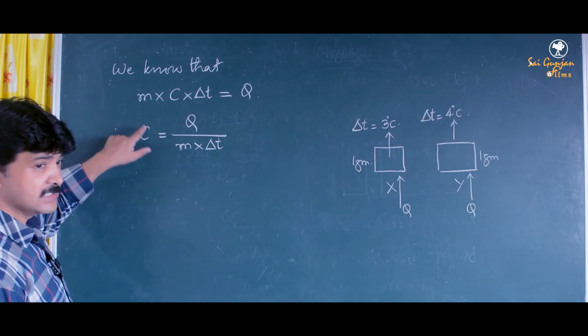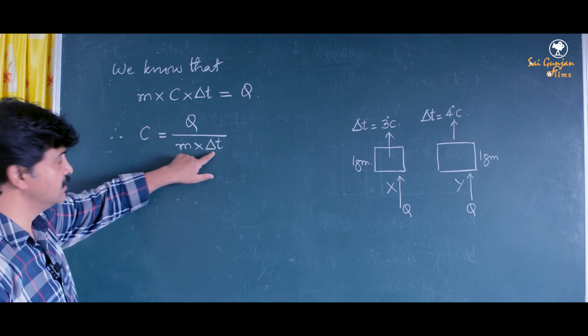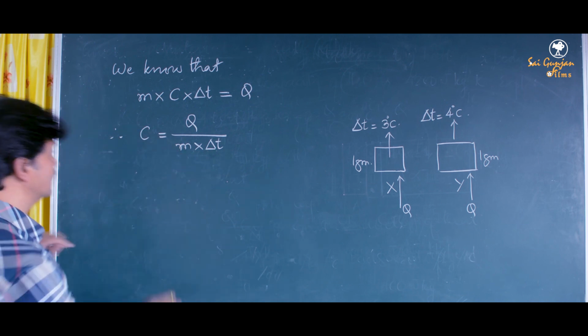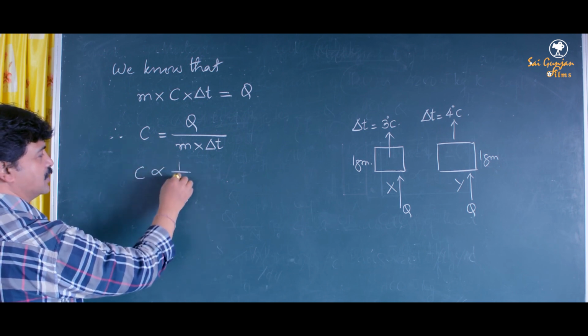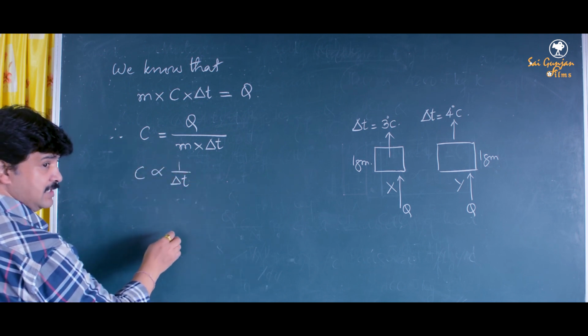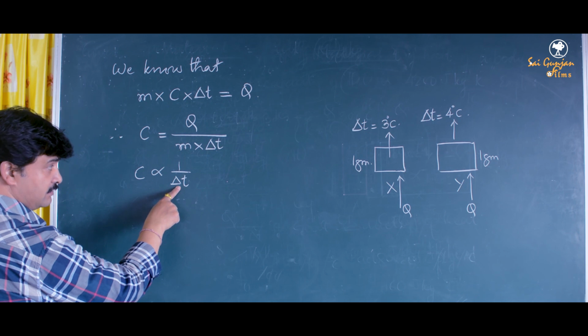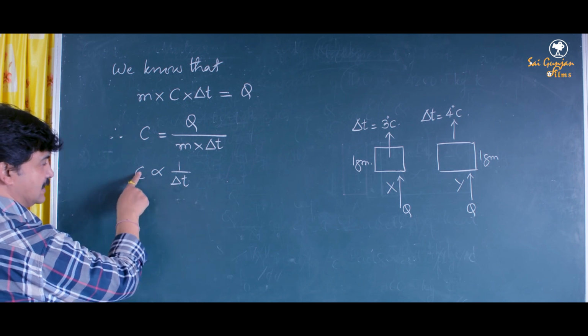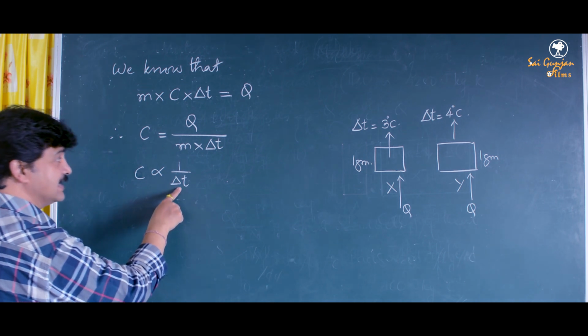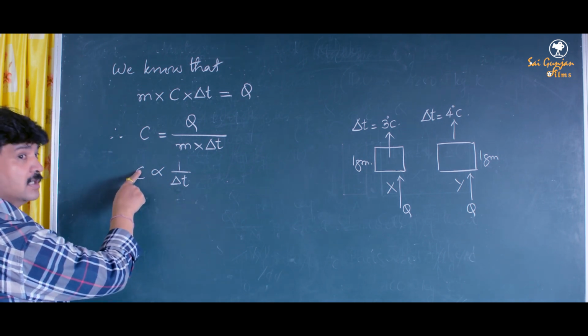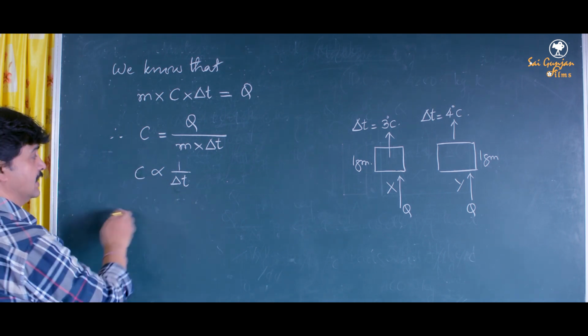So what does it mean? This is in the numerator, this is in the denominator, isn't it? So C is inversely proportional to delta T. What does it mean? More the value of delta T, less is the value of C. And if delta T is less, C will be more. Okay?